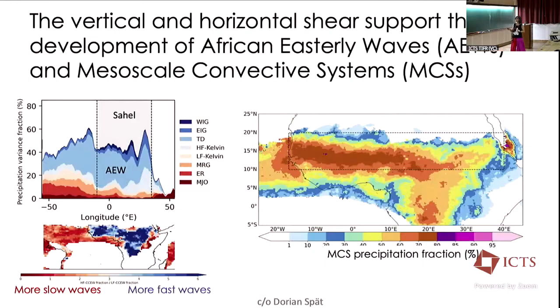If you look at this in a little bit more detail, you see that in the Sahel you have a strong amount of variability in rainfall that is associated with these quite fast waves.